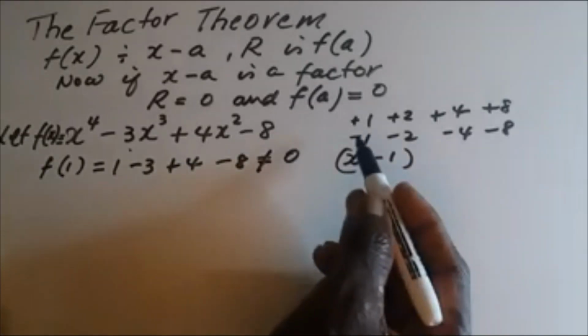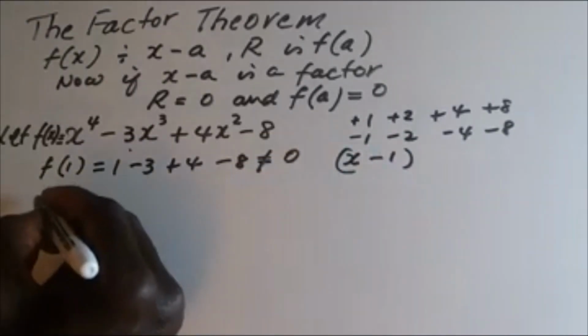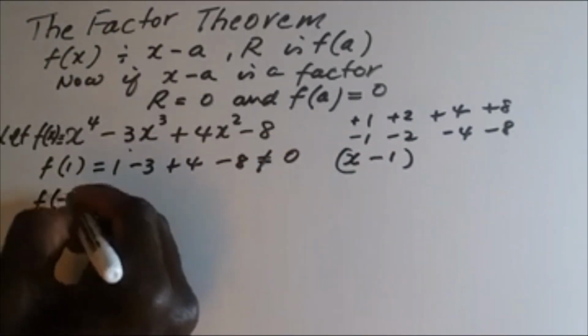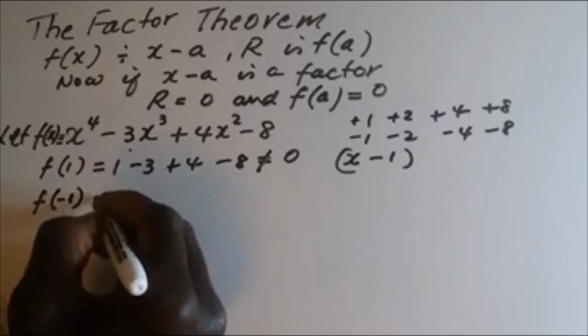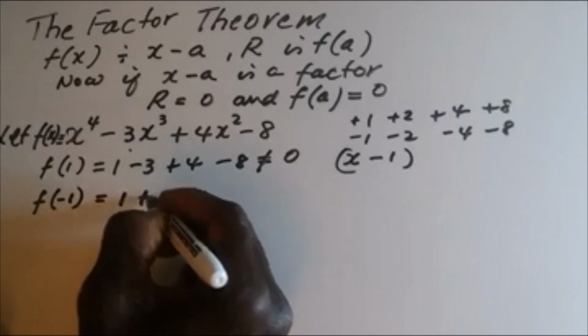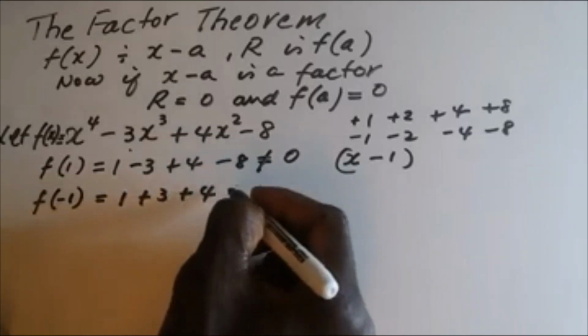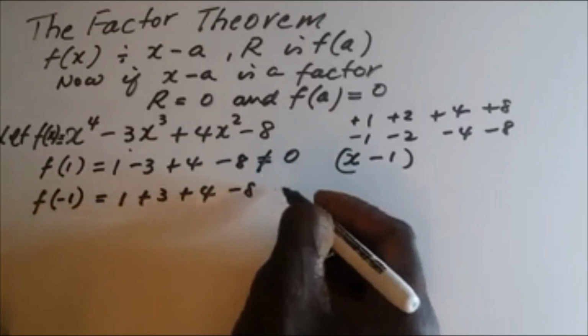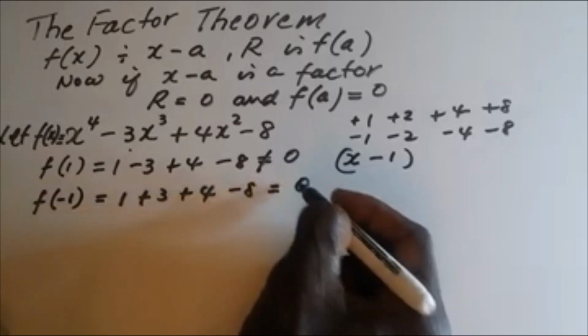So we move on to try negative 1. So we find f of minus 1, and this is equal to 1. Now this becomes positive 3 and 4 and minus 8, and this is equal to 0.